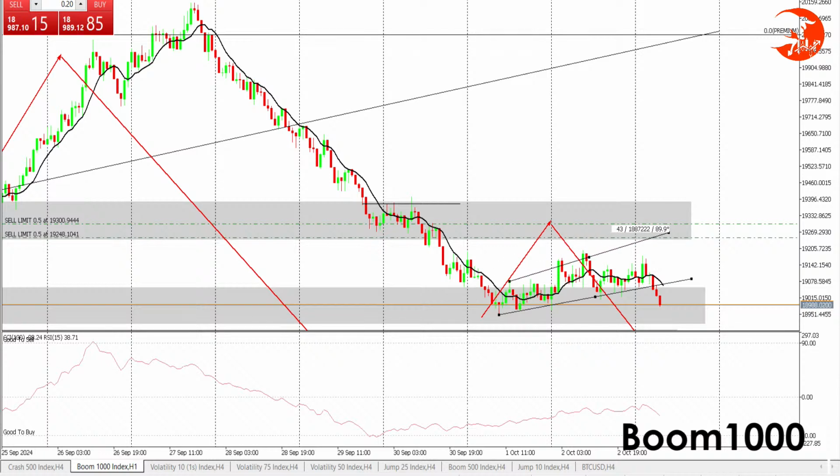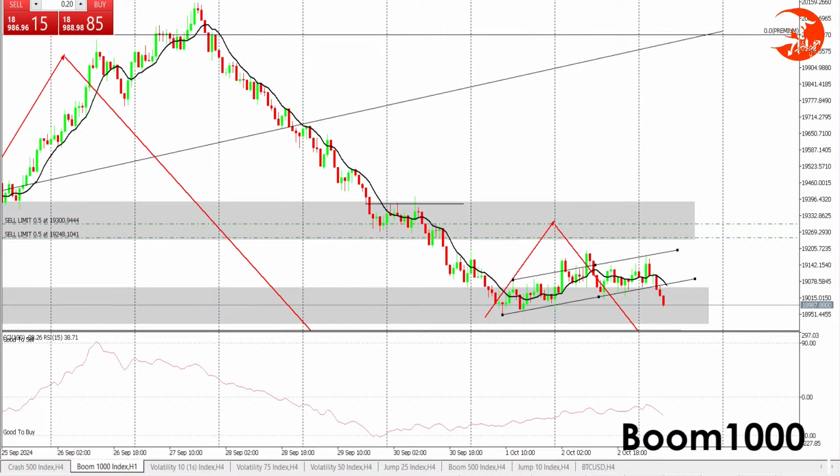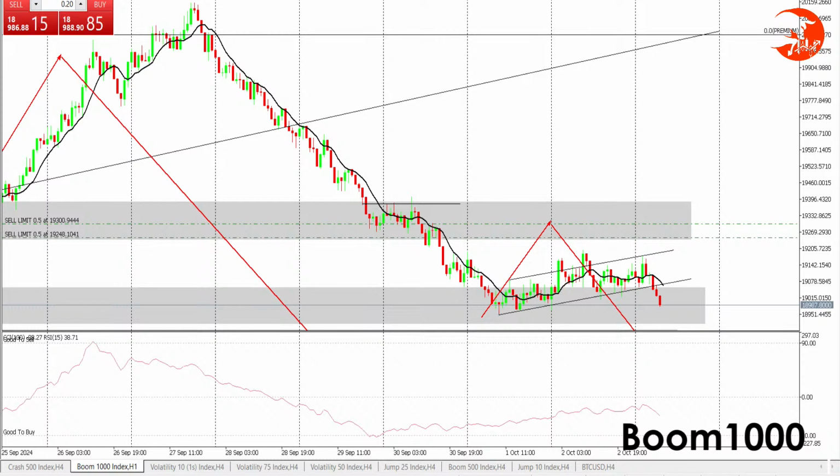So high, start a high. We are seeing something like that, and you can see the low momentum happening there. Such a low momentum.